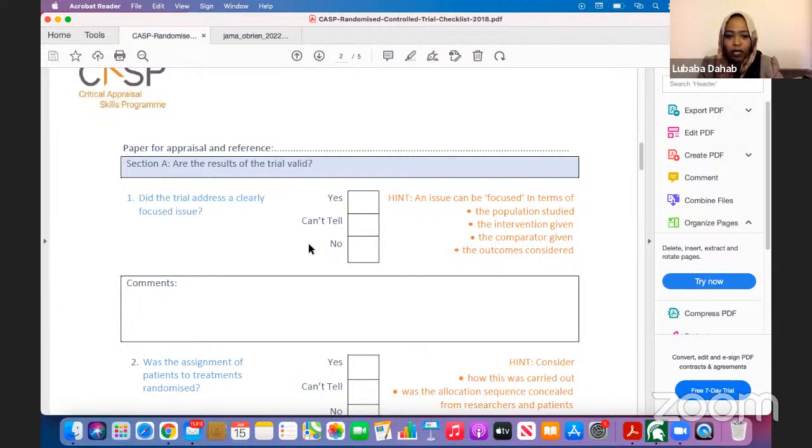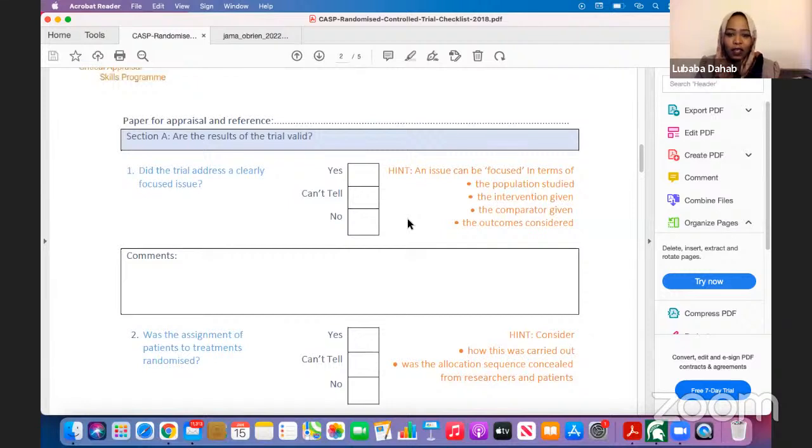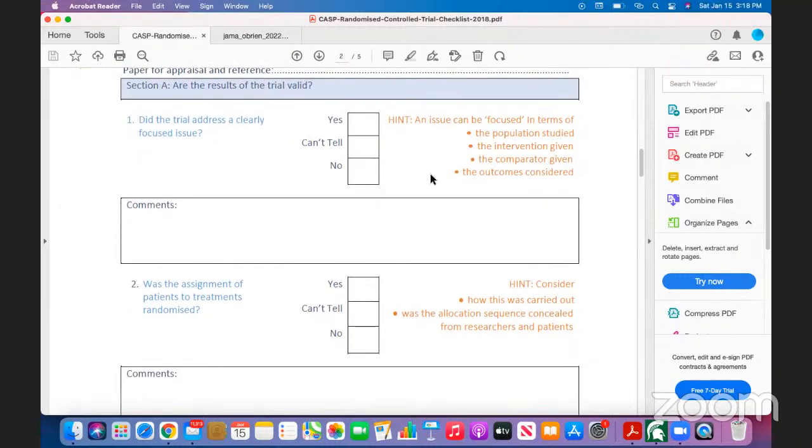The answer is yes, unless you feel something is missing. I'm trying to make this as interactive as possible, so if you have any comment, please jump in and let me know. Am I clear so far? Yes, Lubaba, thank you.